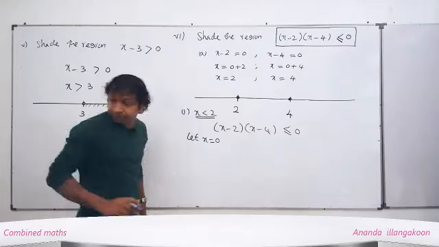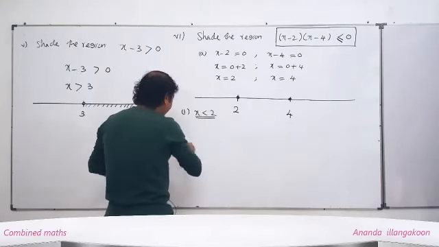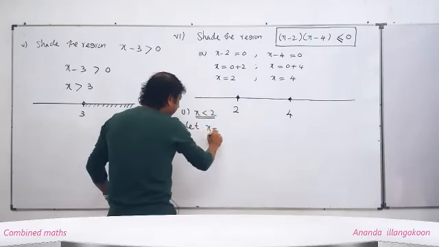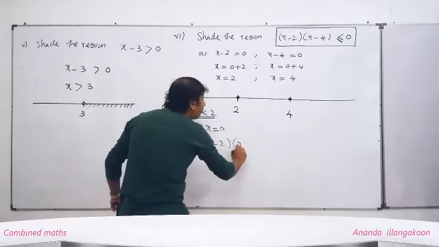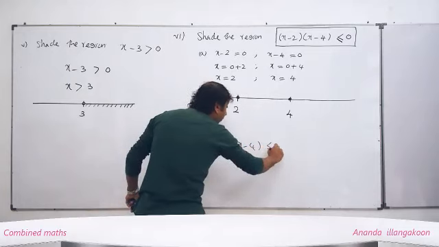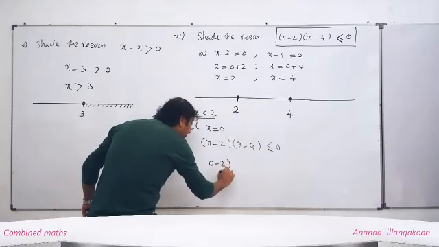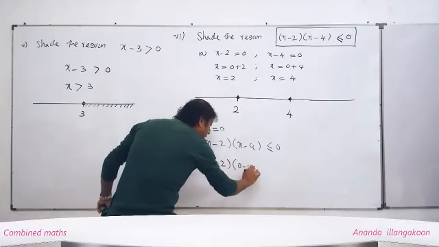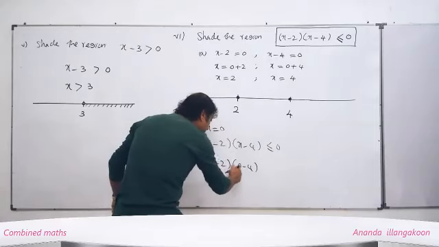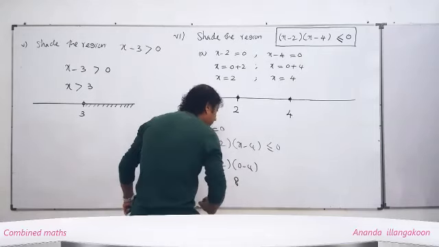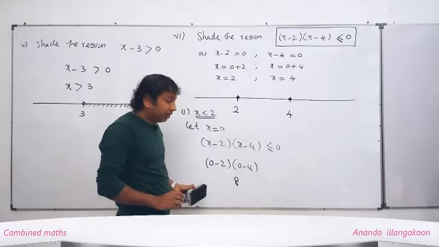Put that here. What do you get? (x minus 2)(x minus 4) less than or equal to 0, no? See here, put 0 minus 2 and 0 minus 4. What do you get there? Minus 2 times minus 4, plus 8 coming as the answer on the left-hand side.